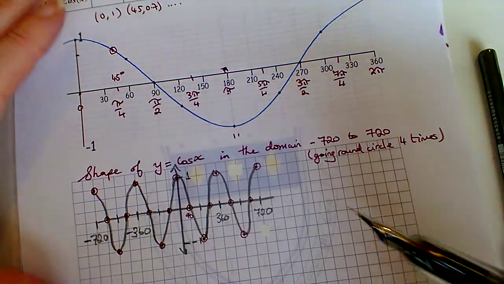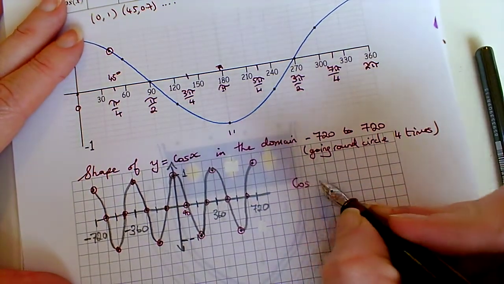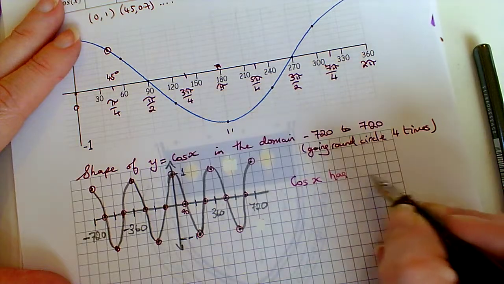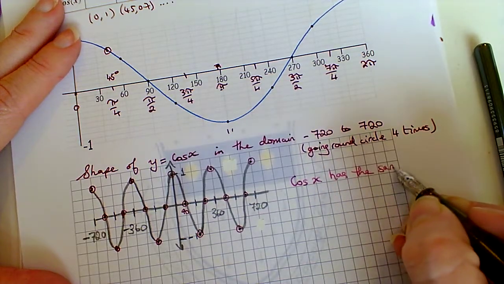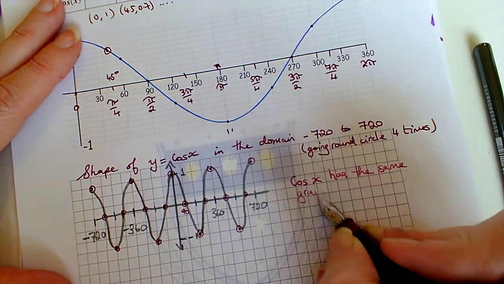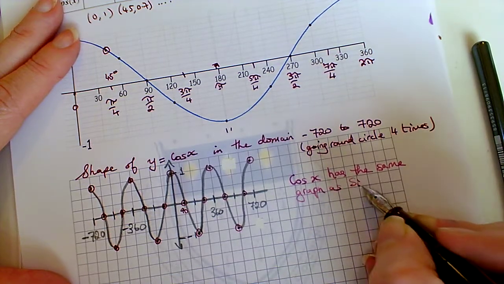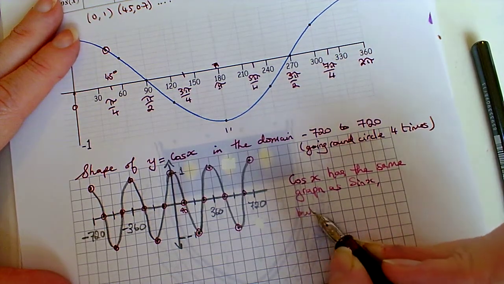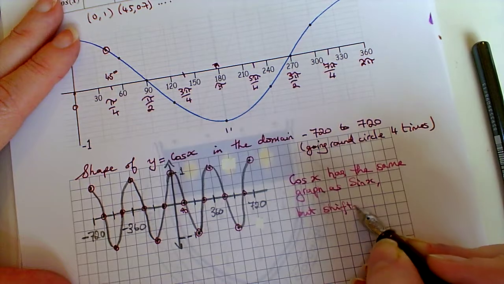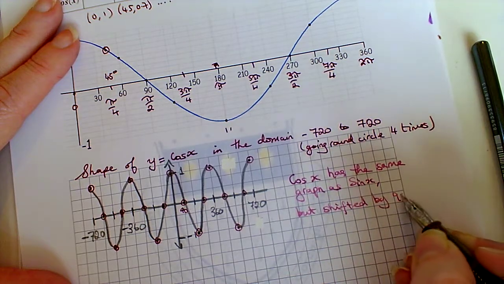So cosine of x actually has the same graph as sine of x, but it's shifted by 90 degrees.